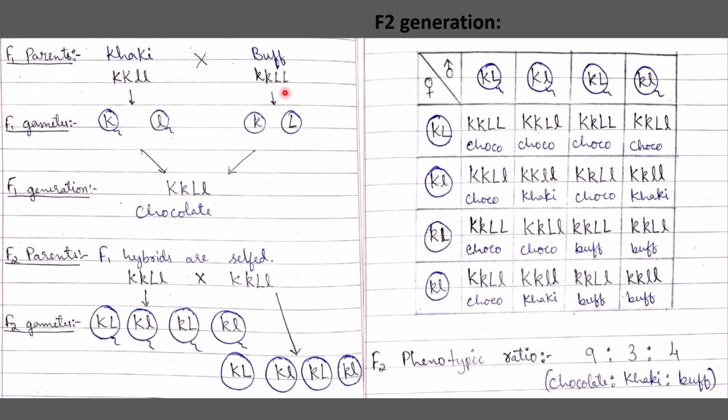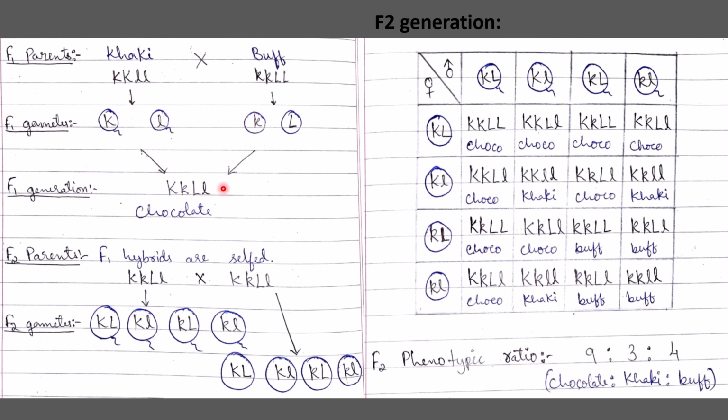That is why I'm taking it here, and that segregates into the gametes, and when these gametes fuse, there is a formation of F1 hybrid with the heterozygous condition of genes, and that produces chocolate seed coat color with the presence of one copy of both the dominant alleles here. That is, this supplementary gene in its dominant condition is supplementing the gene K to produce the chocolate color seed coat here.